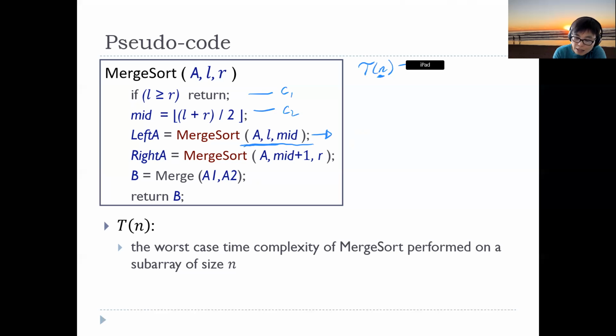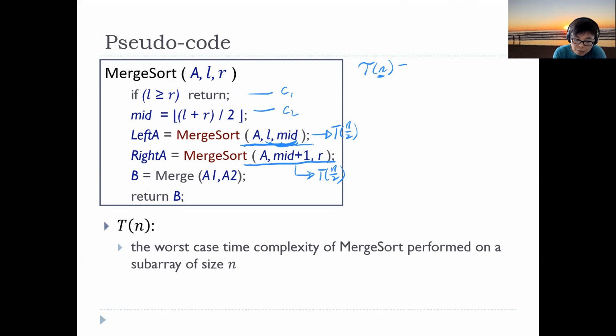So the time for this is at most T of n over 2, because we're running the same algorithm on an array of half size. Same for the right portion: the worst case complexity is simply T of n over 2, because that represents the worst case time complexity of MergeSort performed on a subarray of size n over 2.